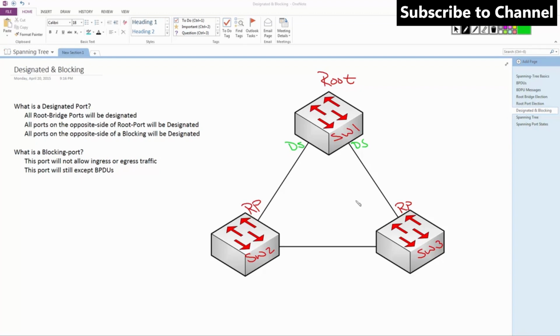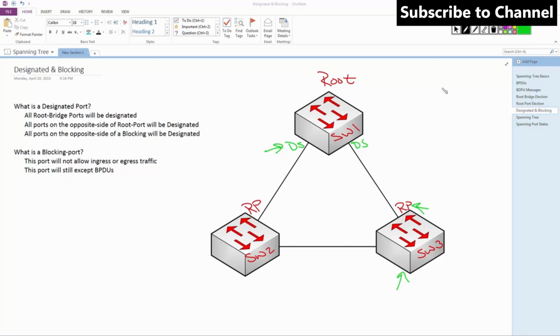So as we're going from switch to switch, switch 3 is going to say, I need to get to the root bridge. How do I get there? Through the root port. So imagine if we had 10 switches here with all these different connections. Well, we only need one way to get to the root bridge. And on the other side of that link, it's going to be designated. If it's blocked, guess what? It's not going anywhere. So that's why everything on the other side of your root port will be designated.